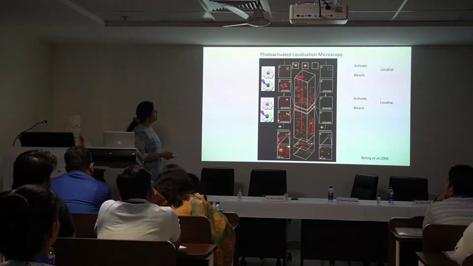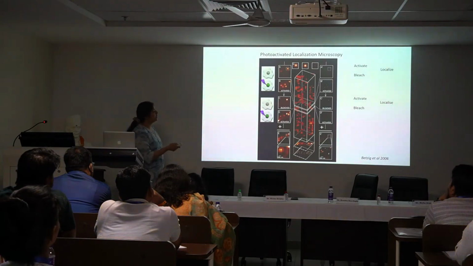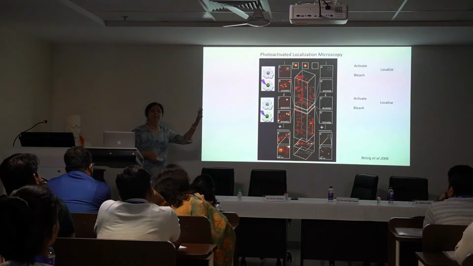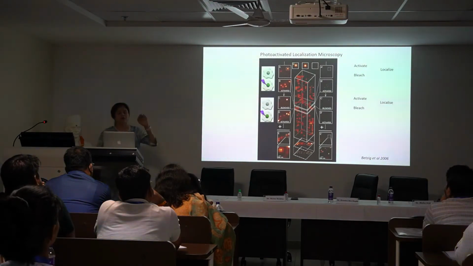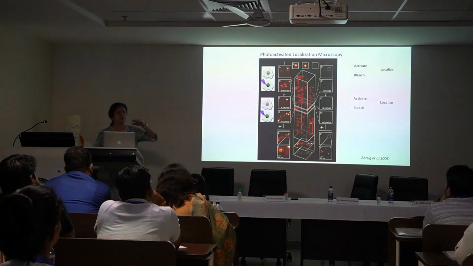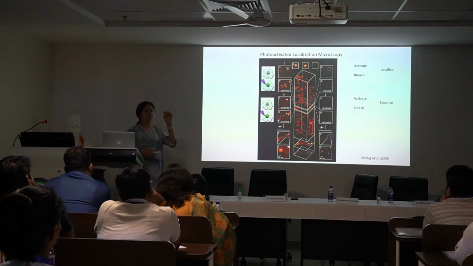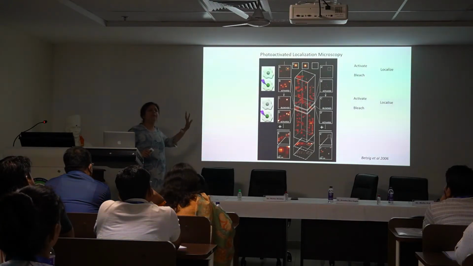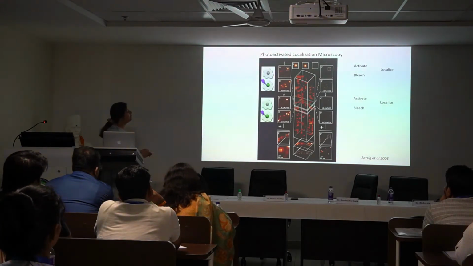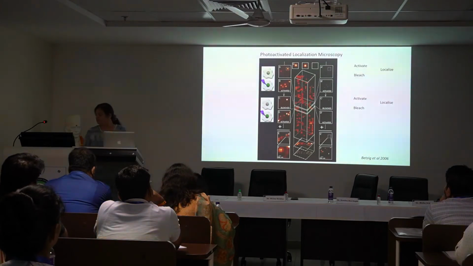And one can typically look at a number of molecules adjacent to each other in somewhat a three-dimensional space. So to begin with, this method was used only for surfaces of cells. So one could only do it in the top 5 or 6 microns easily. But this has become better over the years, and one can look at more depths, right?